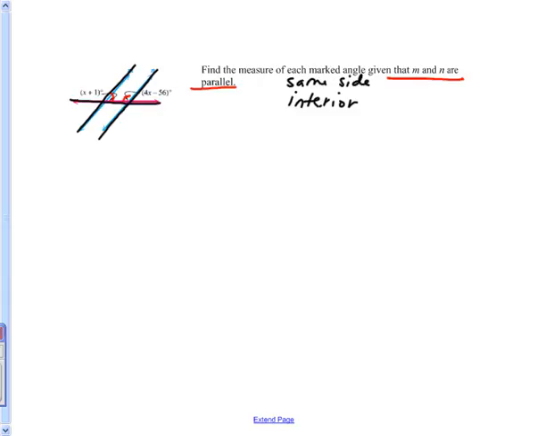So these are same side interior, and what I know based on my last rule is that they should add up to 180 degrees. That is (x + 1) degrees and (4x - 56) degrees should add up to equal 180 degrees. Now in order to find the actual measure of these angles, I need to find out what x is. So the parentheses are not highly important.